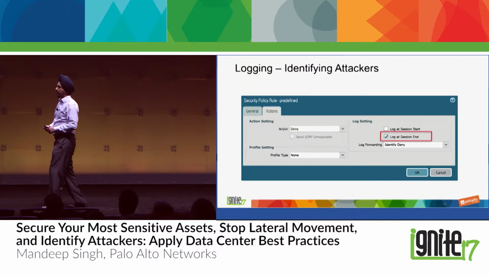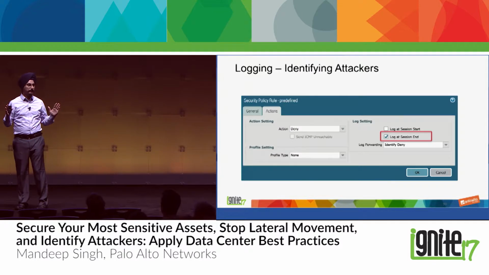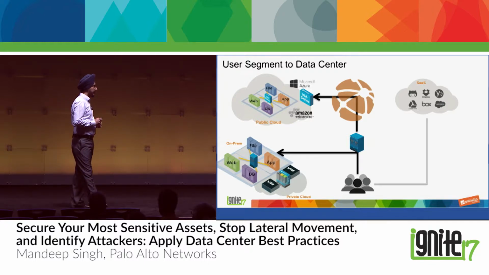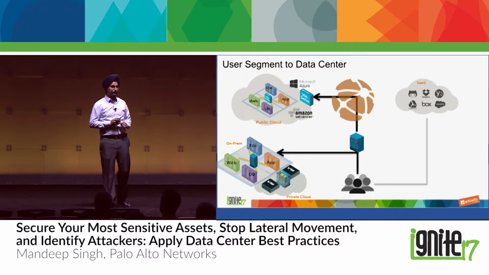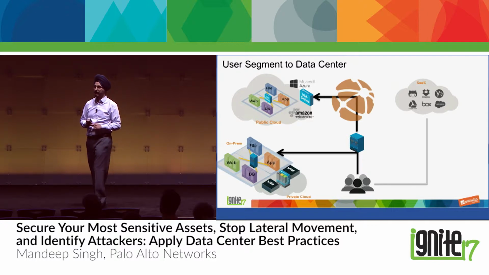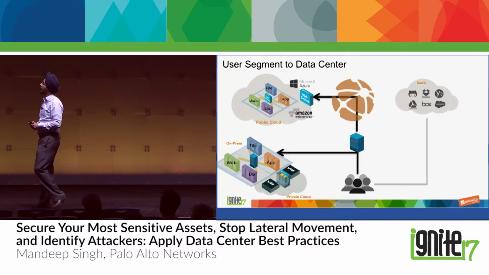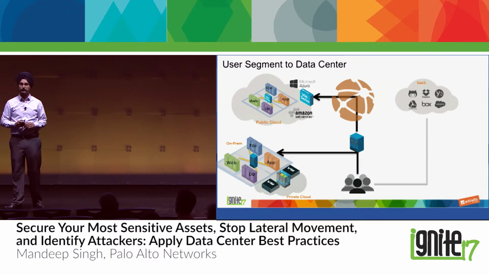So, now that we have gone through the common security constructs, let's go back to those 4 flows, right? Let's go back to the most common flow of all: user segment to data center. So what kind of threats can exist in this kind of a flow? You have your user population at the bottom going to your on-prem private cloud data center or your public data center.